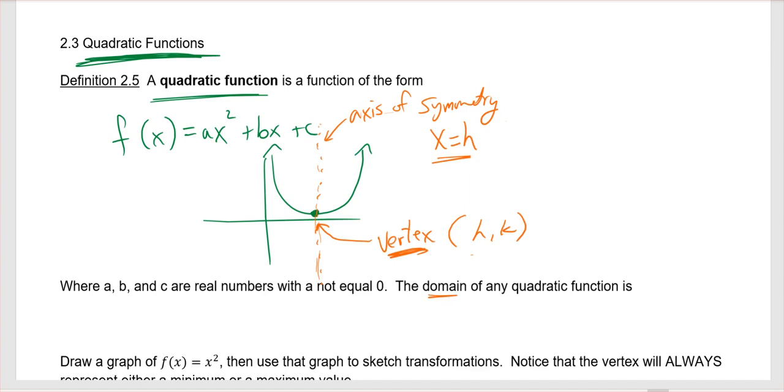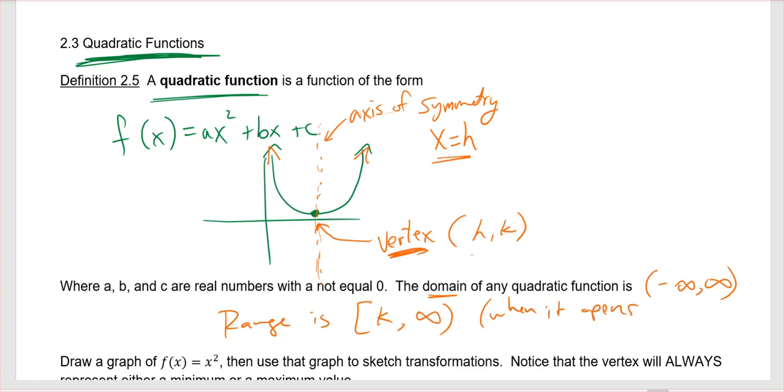Thinking about the domain here, if we would take all these points and squish them all down to the x-axis, we're going to touch the whole x-axis, right? That's what these arrows mean. It goes on and on forever, right? So the domain is all the real numbers. And in this case, we can say something about the range. Here, it's going to be all the values from k up to infinity when it opens up.